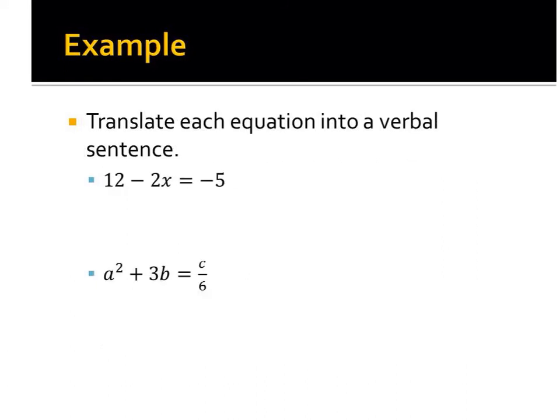Okay. Last thing we're going to do is go the other way. If you start with an algebraic equation, can you go to a verbal sentence? You have to be really careful with these that they can't be thought of in a different way. The way you write it should be the only way it can be interpreted. So here I'm going to do the first one: 12 minus the product of 2 and x.